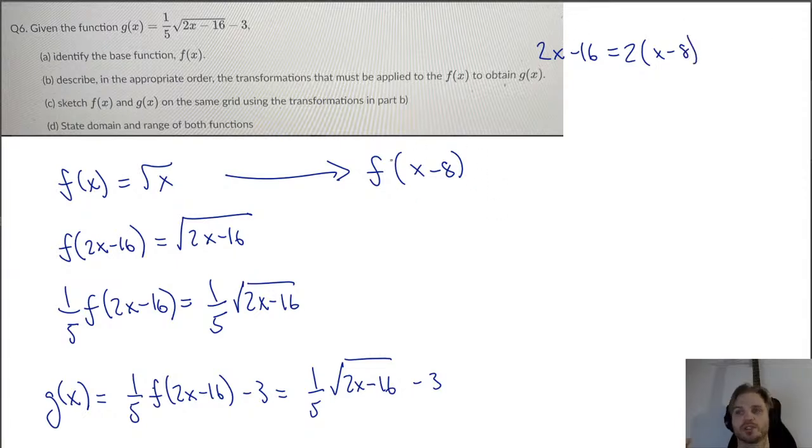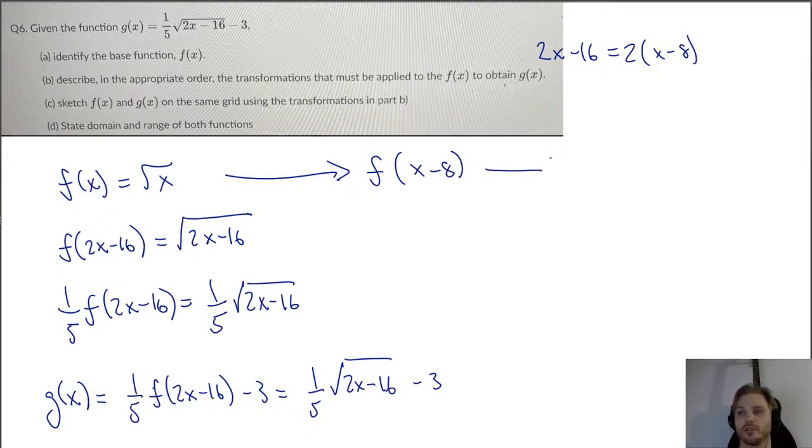So the first shift then is you shift it to the right 8. When you subtract inside the argument of the function, that shifts to the right. Add would shift left. After that, you're going to do the multiplication by 2.